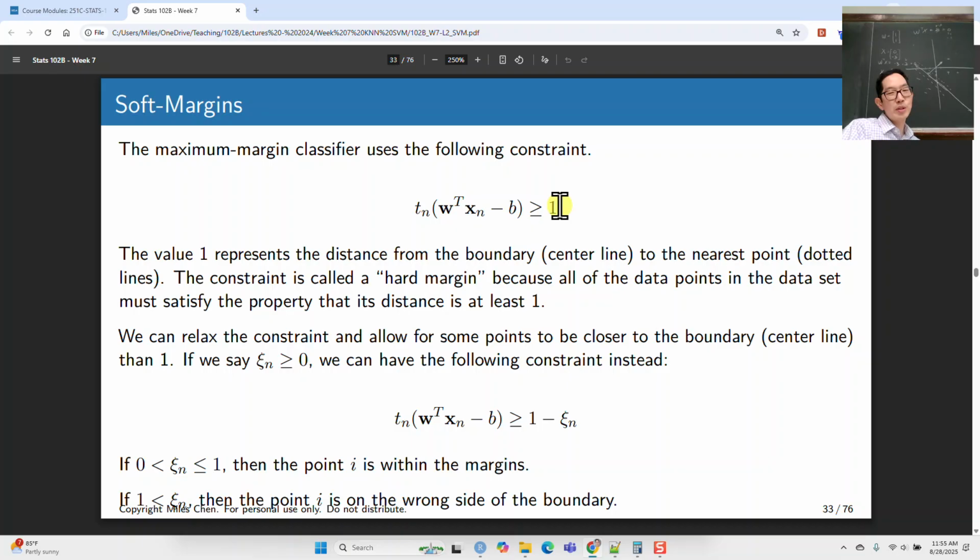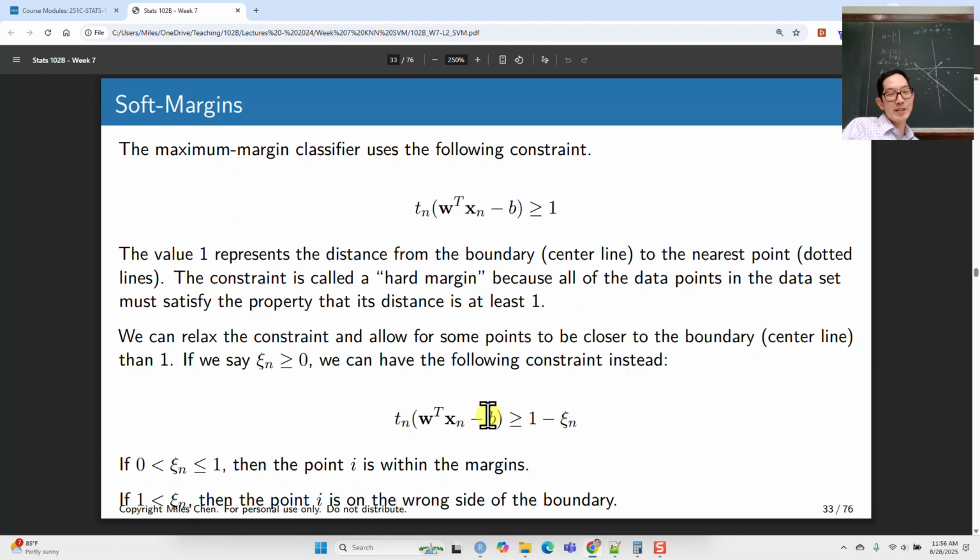But what we can do is relax this and say, you know what, the distance to the point from the boundary, we can allow it to be less than 1, okay? It can be 1 minus a small number, maybe epsilon is 0.3, okay? And so now the distance to the boundary is only 0.7, okay? You could even have epsilon be greater than 1, and that means the point is going to end up on the wrong side of the boundary, okay?